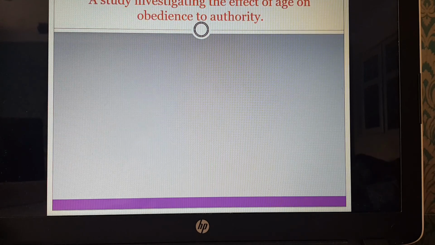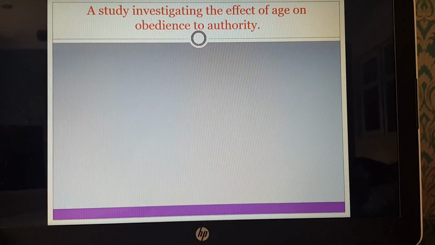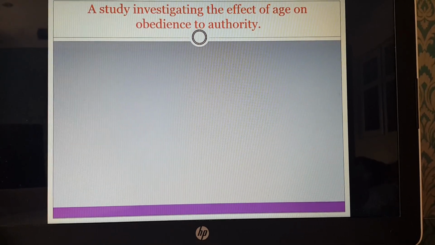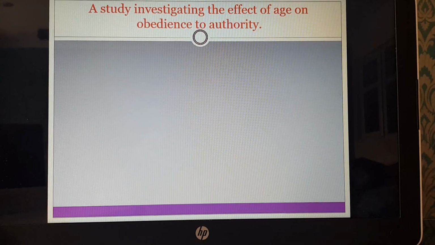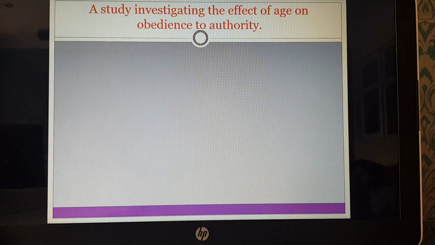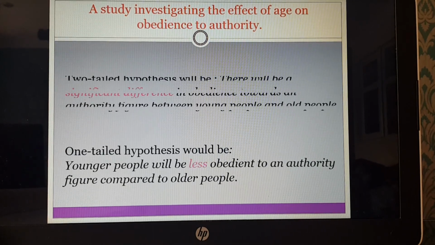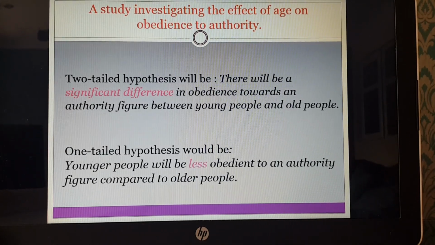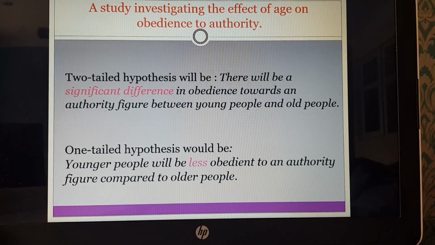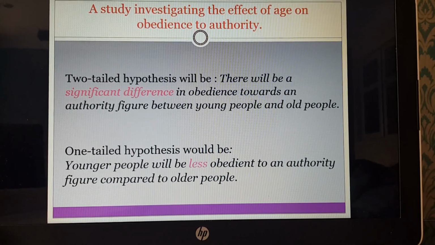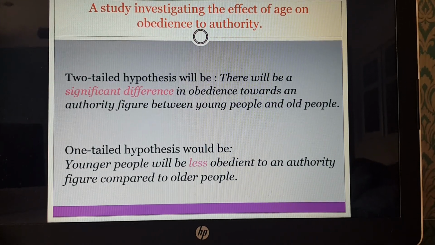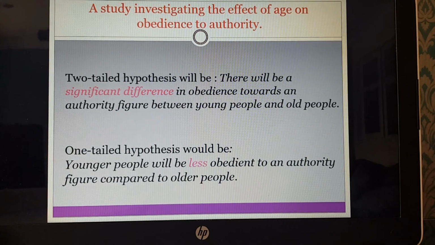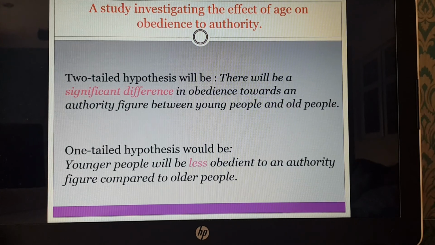Okay, so an example: a study investigating the effect of age on obedience to authority. This is a topic from social psychology, but we're just using it as an example to write a hypothesis. If we were to write a two-tailed hypothesis, we would say there will be a significant difference in obedience towards an authority figure between young people and old people. Focusing on this hypothesis, in a two-tailed hypothesis we are saying there's going to be a difference, hence why I've highlighted the word difference there.